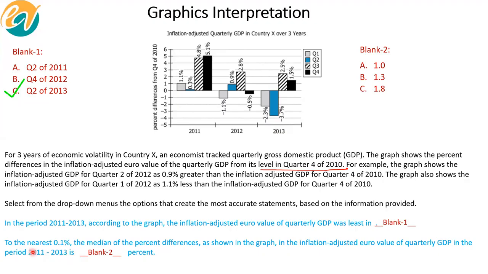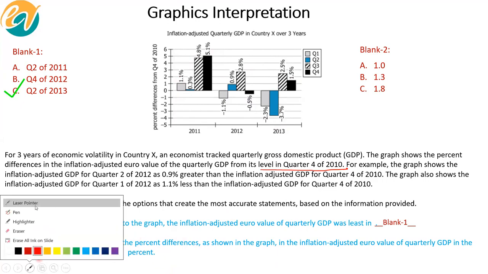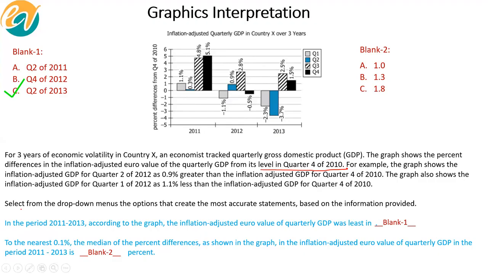Then it says, to the nearest 0.1%, the median of the percentage differences. These are all percentage differences that are shown in the graph. What is the median? Median is a very frequently tested statistic on GMAT.